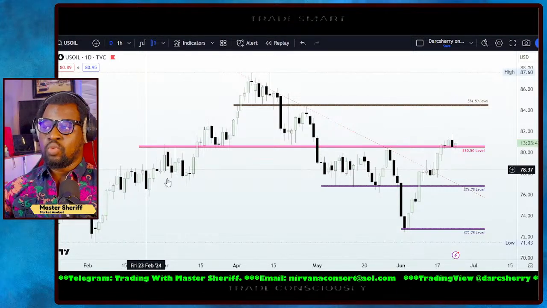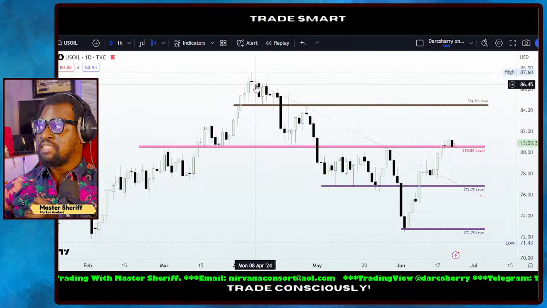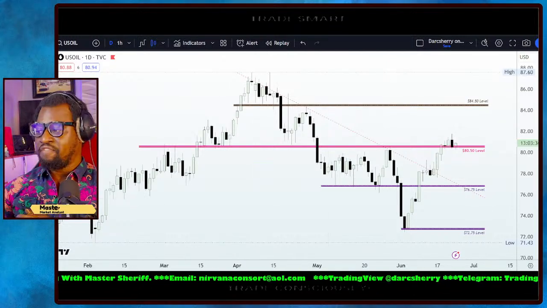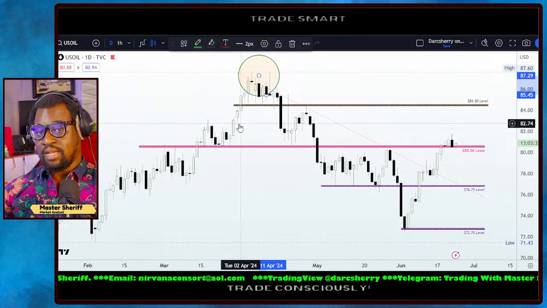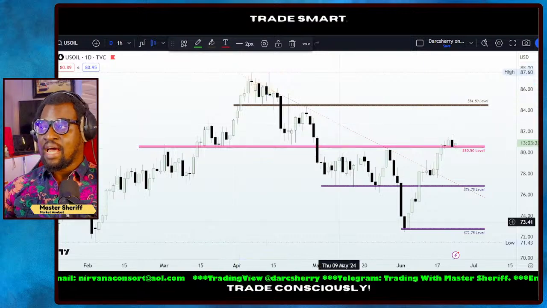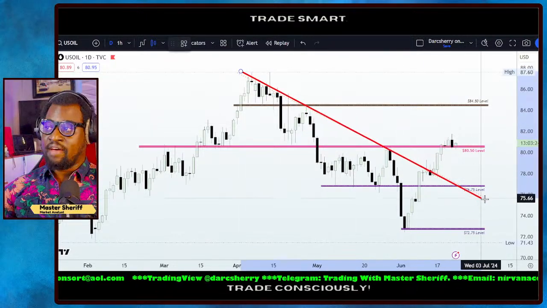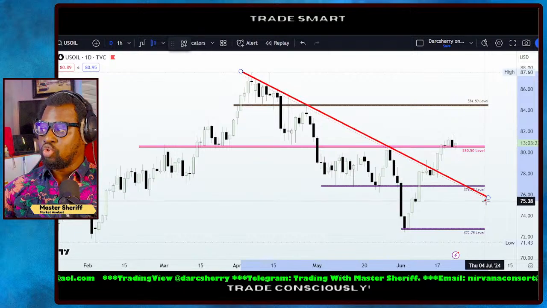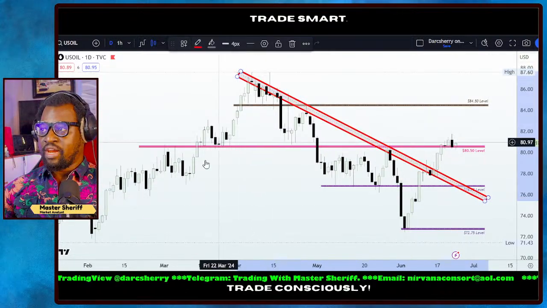One thing you would notice here is that ever since price action tested that $86.50 zone in the month of April, price action had consistently and uniformly found lower lows and lower highs. And as a result of this, we have a beautiful descending trend line to work with. Now, you know how we use our descending trend lines in this community.